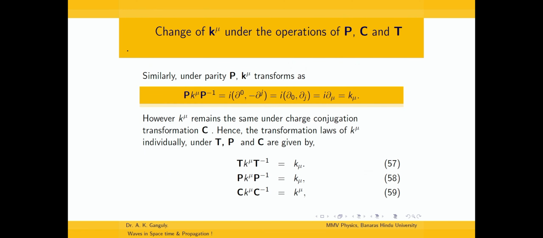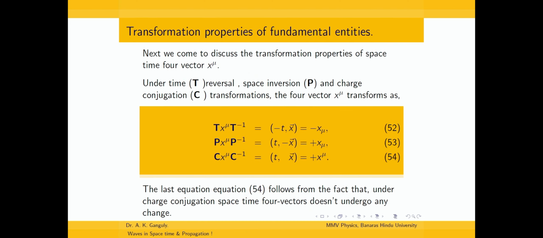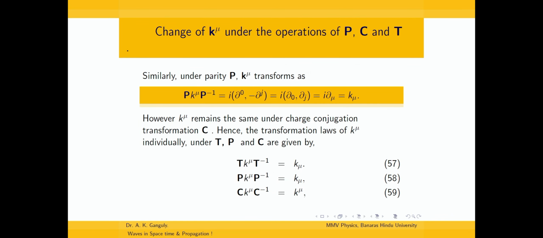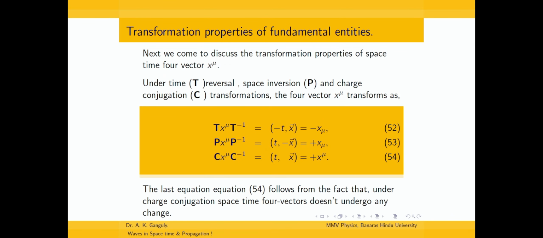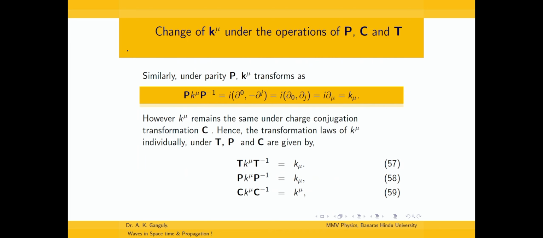The x mu picks up a negative sign where k mu and becomes a covariant vector, but k mu does not. Under parity, they almost transform similarly, and under charge conjugation they are the same, the form is same.